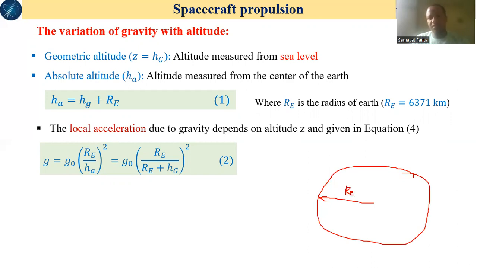Then this flying object will go to some altitude from the Earth. Maybe this is the position of some flying object, or a satellite or whatever vehicle. We have some height, and this height from the Earth is called the geometric height, Hg.